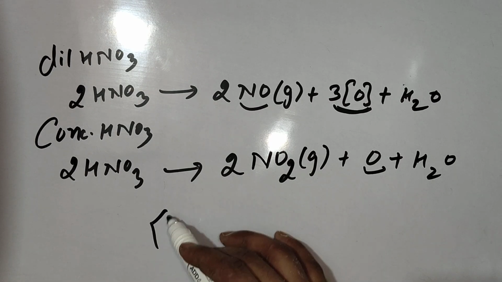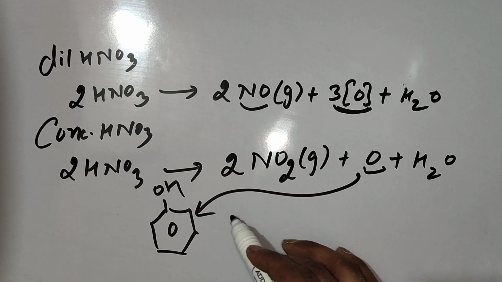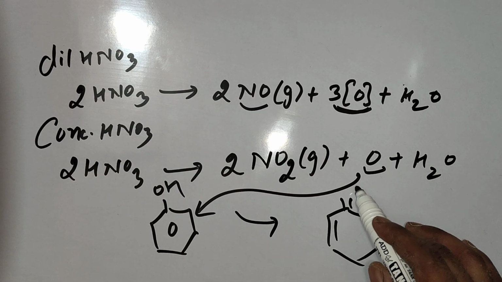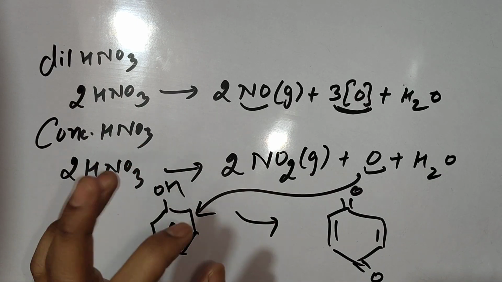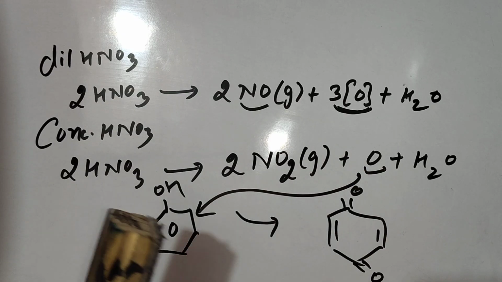One nascent oxygen will bring oxidation of phenol to benzoquinone. In this fashion, concentrated nitric acid is working as an oxidizing agent. Now, how is it creating one nascent oxygen? Let me tell you. The whole mechanism I will not tell. Please check the dilute nitric acid case. It is similar.